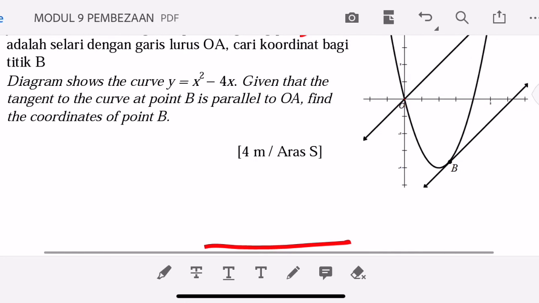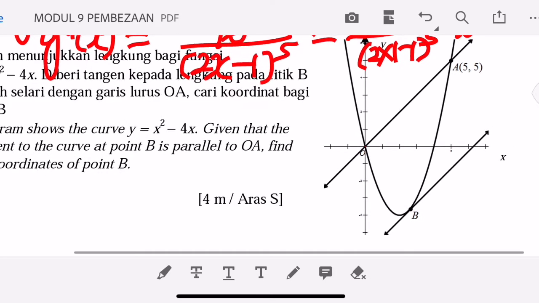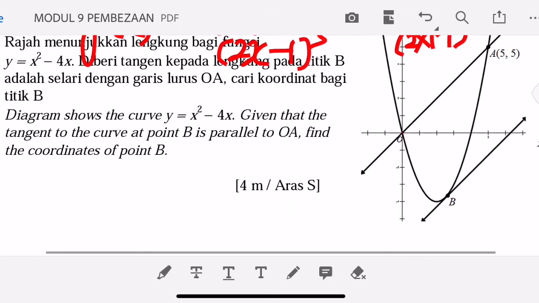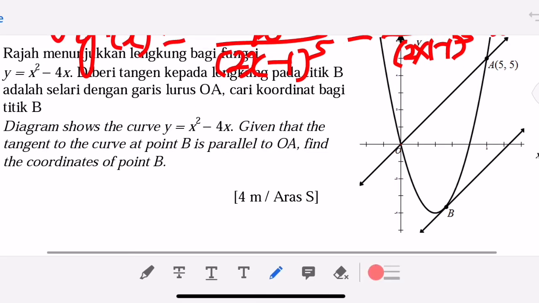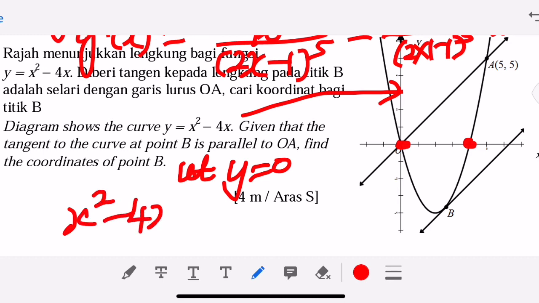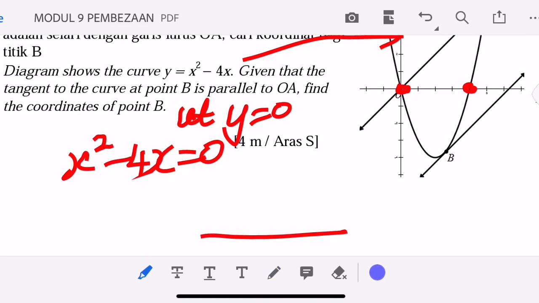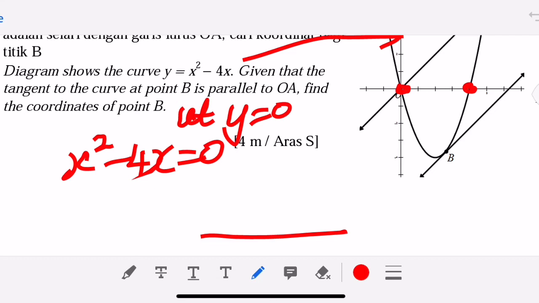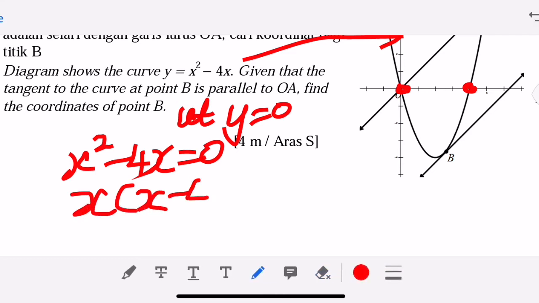Diagram shows y equal to x squared minus 4x. Okay, so you're given the curve. This is the curve. So obviously you can find this point and this point, because if you let y equal to 0, x squared minus 4x equal to 0, that means the x-intercept, okay, let's solve, will be 0 and 4.